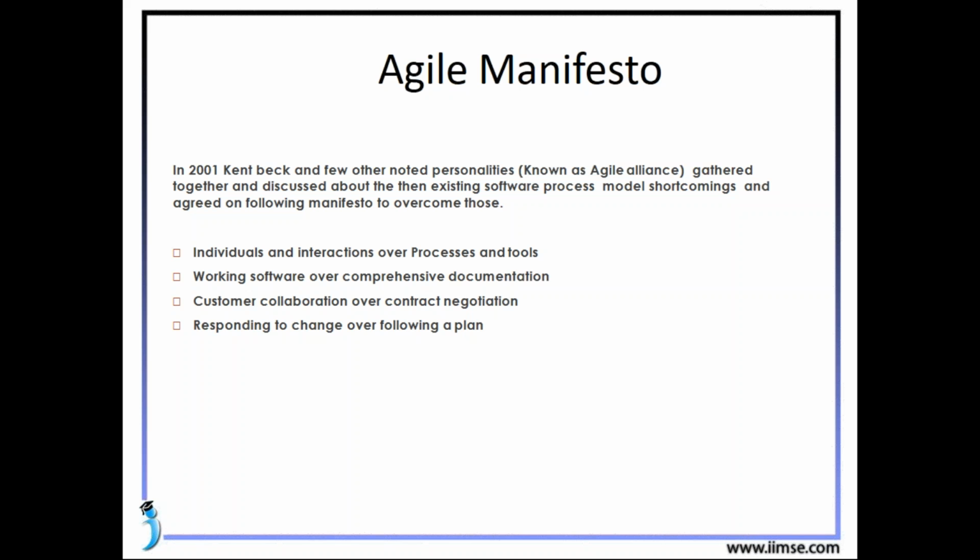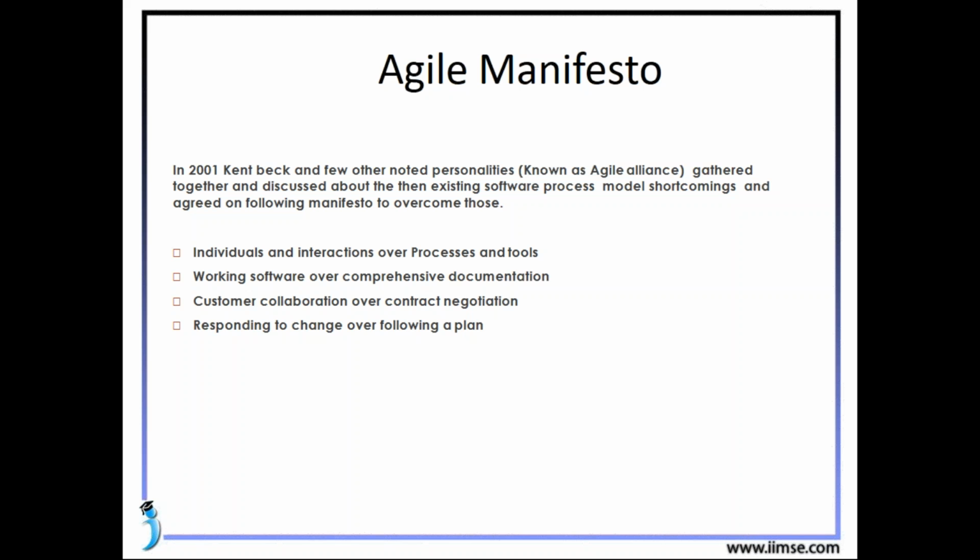So they said, okay, let's have some kind of idea where people should be able to interact with each other, and people should somehow work in a collaborative manner. So these kinds of ideas got generated.